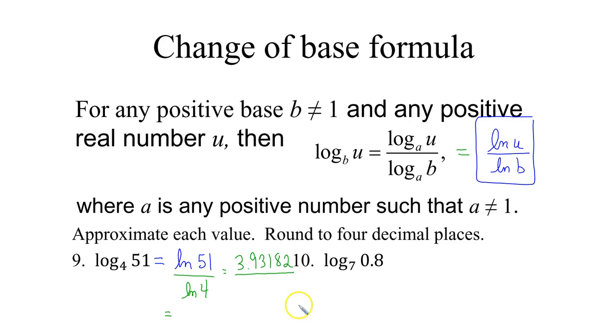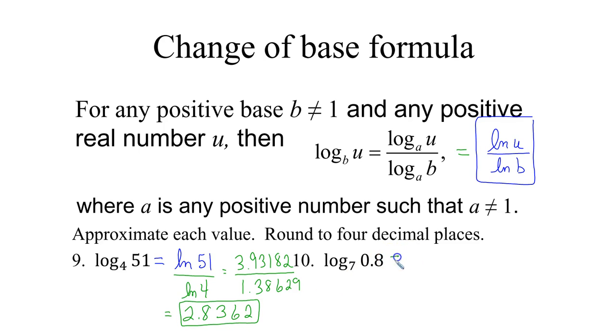The natural log of 4 is 1.38629, and when I divide that out, and round that at the very end, we're going to get 2.8362, and that is going to be my final answer.